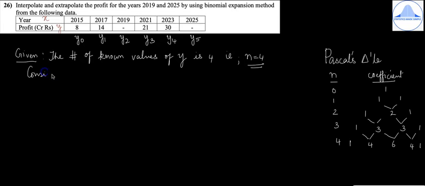Then let us consider the formula. Consider (y minus 1) to the power n is equal to 0, which implies (y minus 1) to the power 4 is equal to 0.